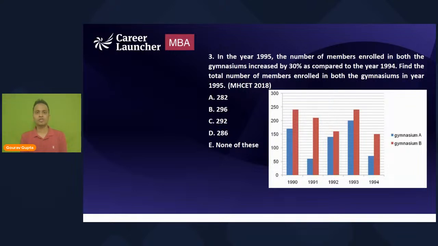In the year 1995, the number of members enrolled in both gymnasiums increased by 30% as compared to 1994. Find the total members enrolled in both gymnasiums in the year 1995. All right, Meghadri, good. Again, the first one to give an answer.